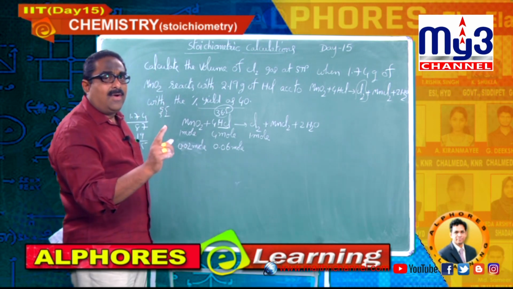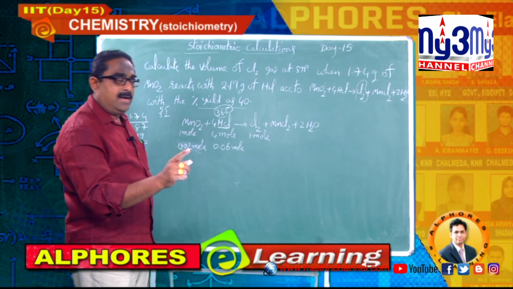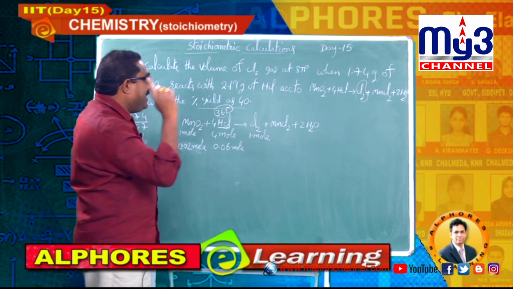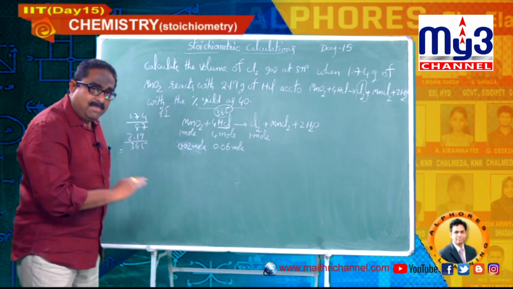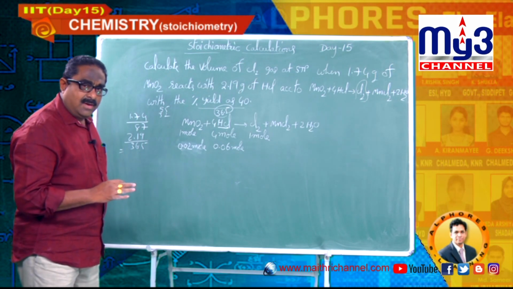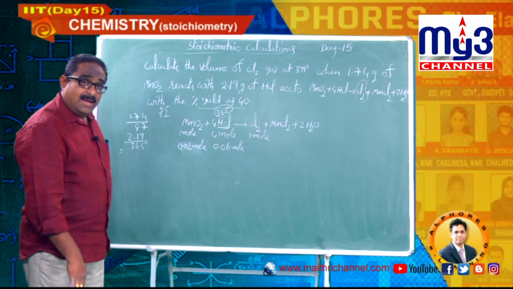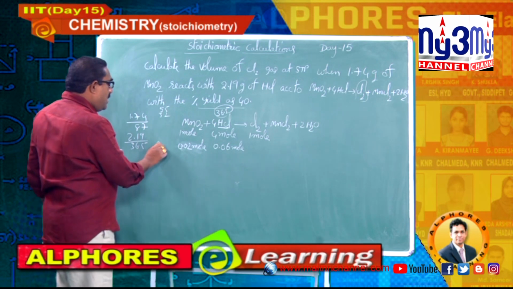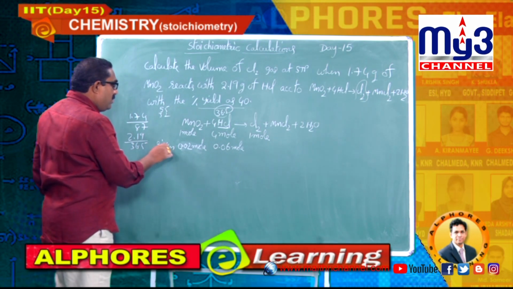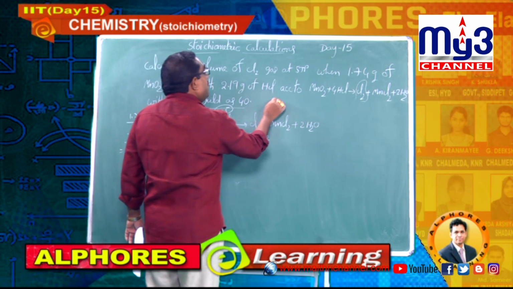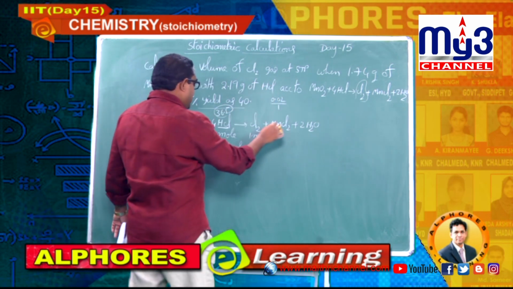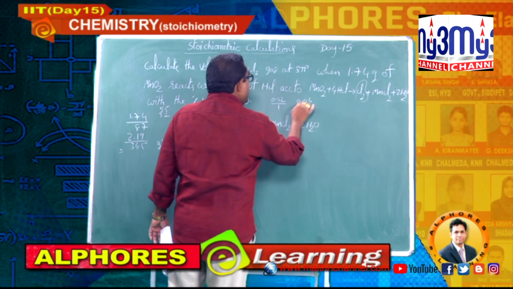Again, we have to go for the limiting reagent concept. Let me check which is limiting reagent among these two, simply by using given moles by stoichiometric moles. All these are given moles, these two. You do first one 0.02 by 1, second one 0.06 by 4.